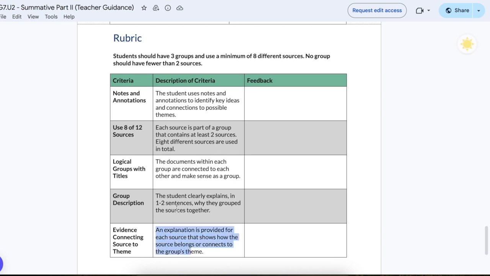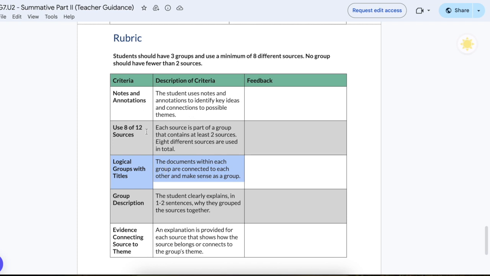We have evidence. So maybe here is our claim, evidence, reasoning. So this is a museum curation activity. So they have to curate and group them into like these different quote unquote rooms of the museum and say why they're there, right? So I think here that could be one, right? Organization. Again, that goes back to organization in the previous one. So maybe we do have an organization row of our rubric.